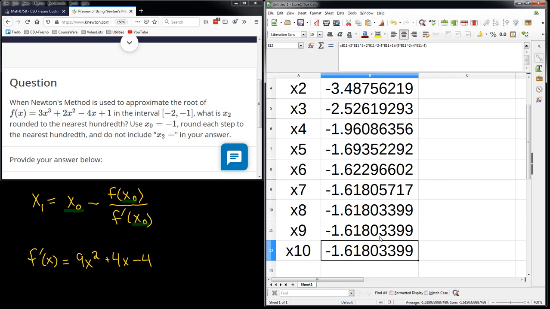The claim is that this number right here, -1.618, is going to be very close to the actual x-intercept of this function on this interval. If you draw the graph, you'll see this is basically the x-intercept right here.